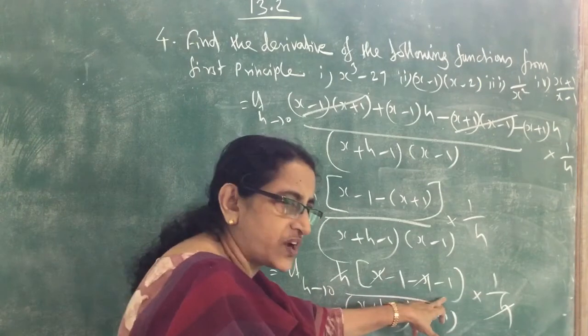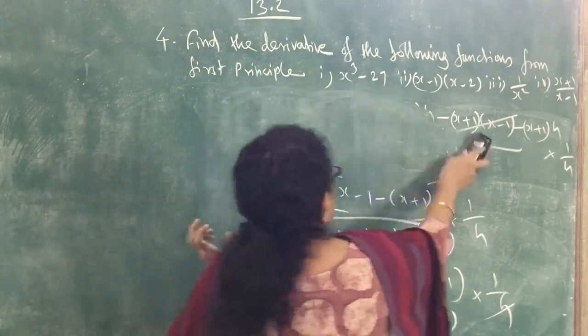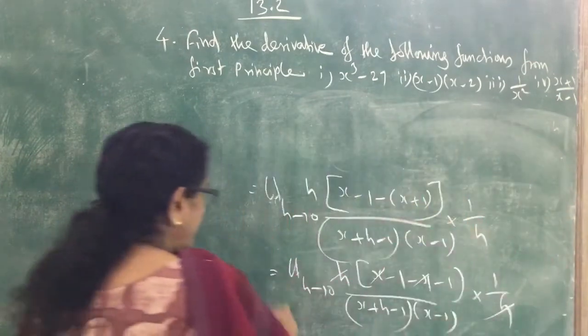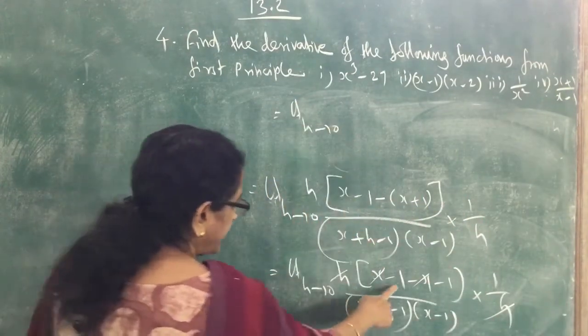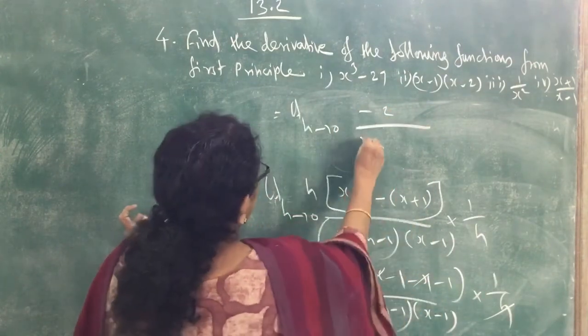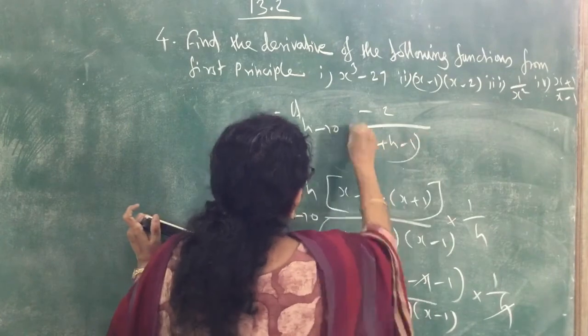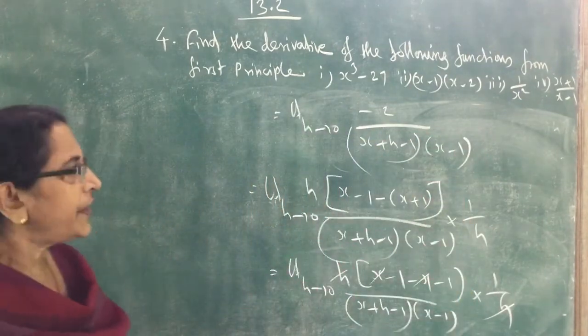Minus 1, that is minus 2. So we get limit h tends to 0 of minus 2 divided by x plus h minus 1 into x minus 1. So only that remaining. Now we can apply the limit.